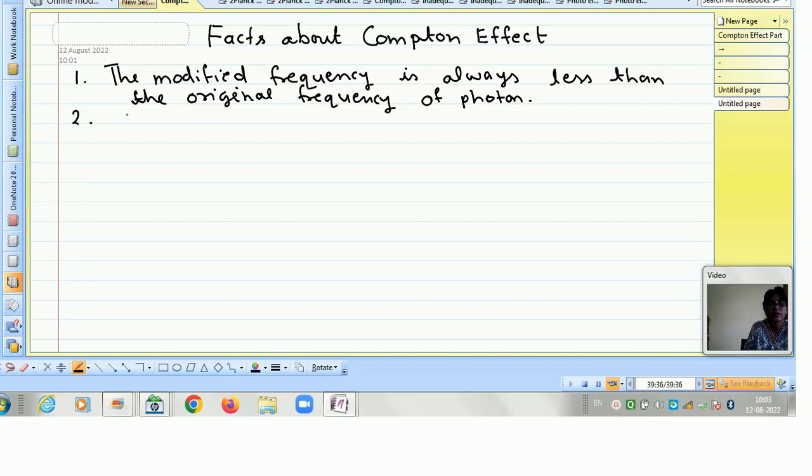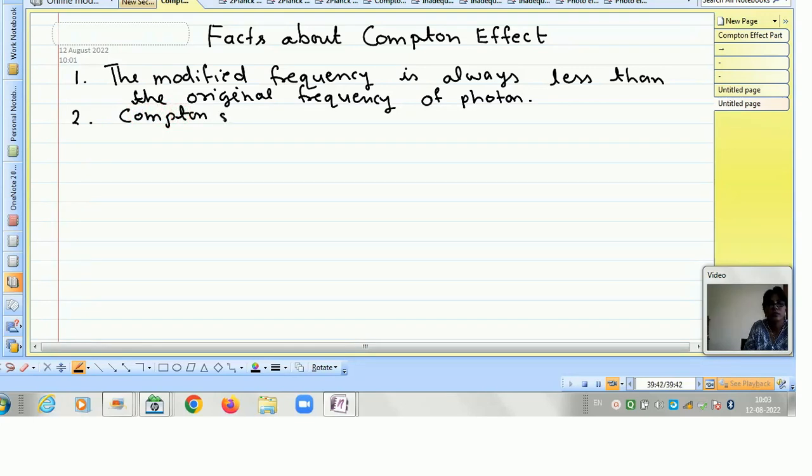Then the next is that the Compton shift is independent of the original wavelength or original frequency.